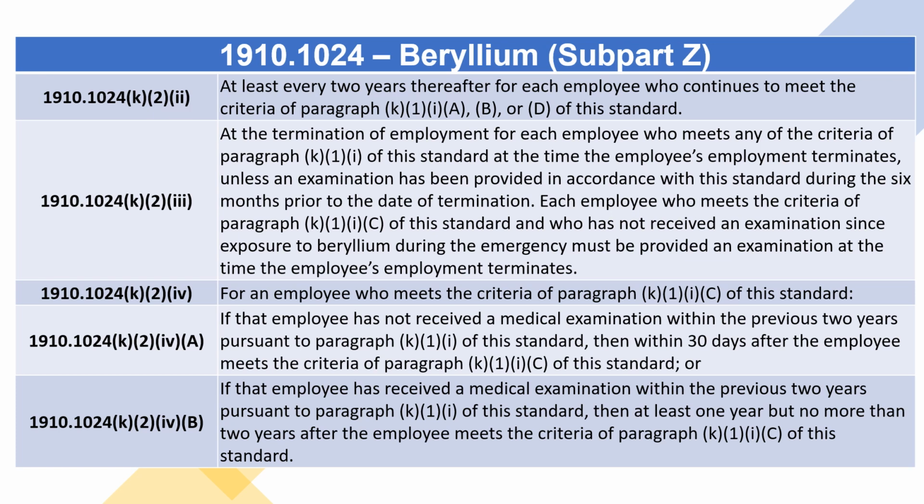Each employee who meets the criteria of paragraph K1(i)(C) of this standard and who has not received an examination since exposure to beryllium during the emergency must be provided an examination at the time the employee's employment terminates.